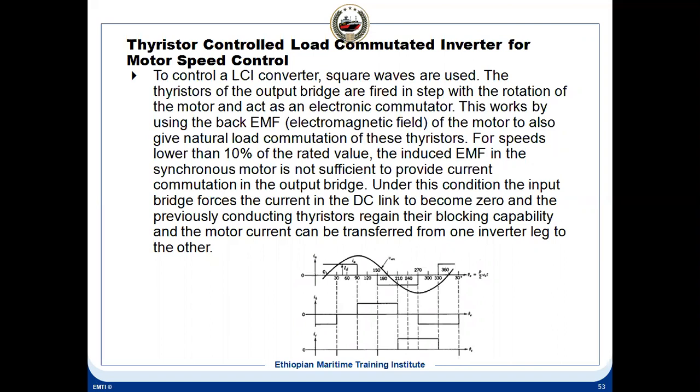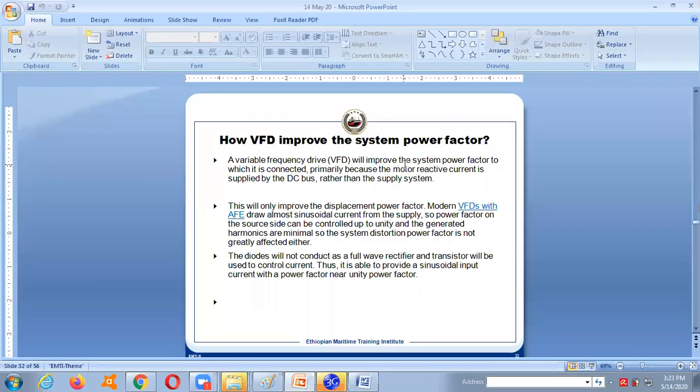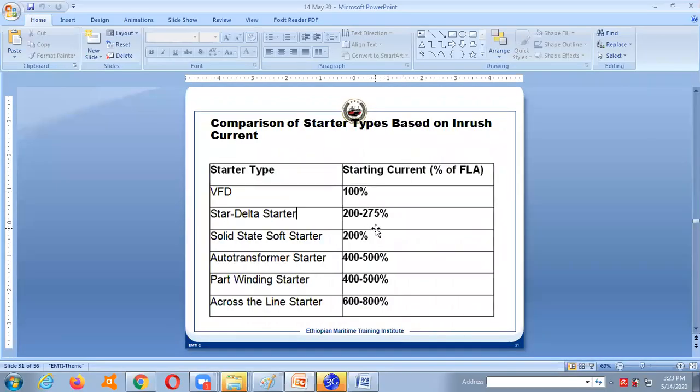The thyristor output bridge is fired in step with the rotation of the motor and acts as an electronic commutator. This works by using the back EMF of the motor also to give natural commutation. The back EMF of the motor, which is opposite to the applied voltage, gives a commutation voltage to these thyristors. So this is about it for today, and you can go through all the slides.